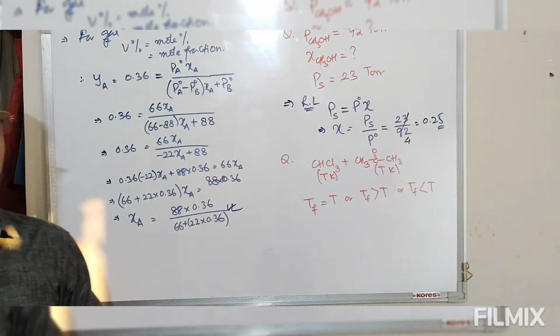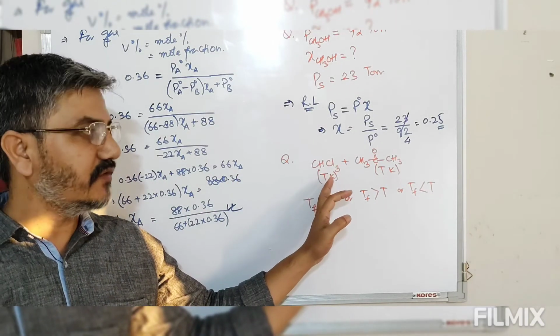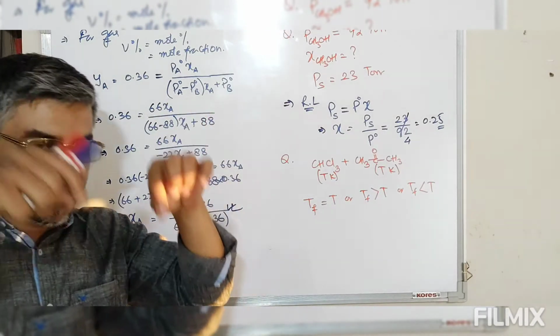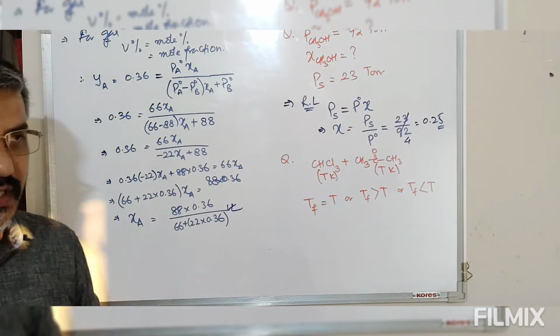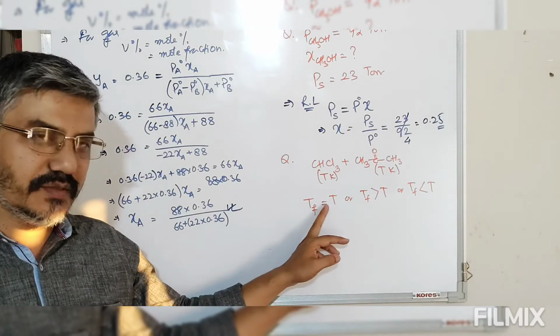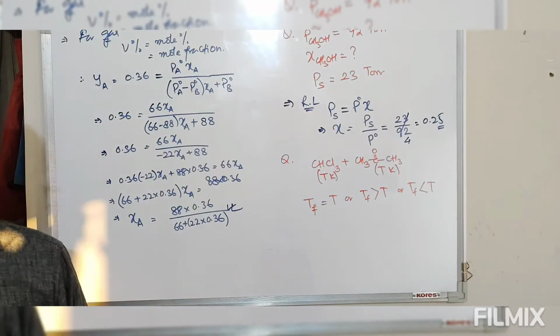So look at this very carefully. We have two components, chloroform initially at T Kelvin and acetone initially at T Kelvin. After these two are mixed, forming a solution, will the final temperature of the solution be equal to, greater than, or less than the initial temperature?